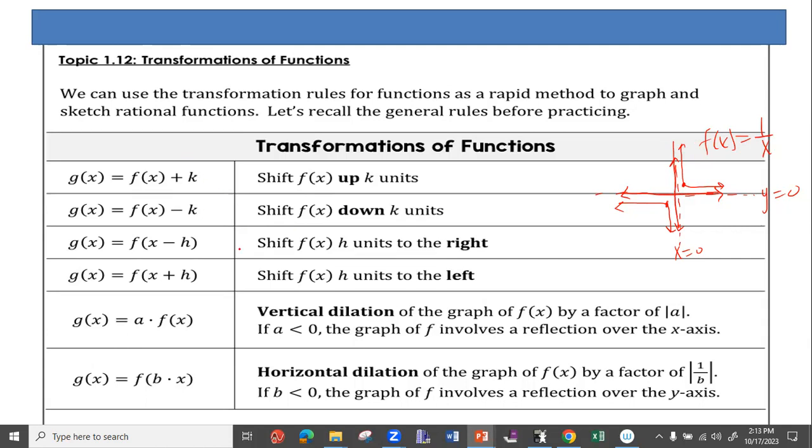Now, because of this, there's significance to our H and our K. Your K is going to affect your horizontal asymptote. So your K is always going to be your horizontal asymptote. So this is our horizontal.